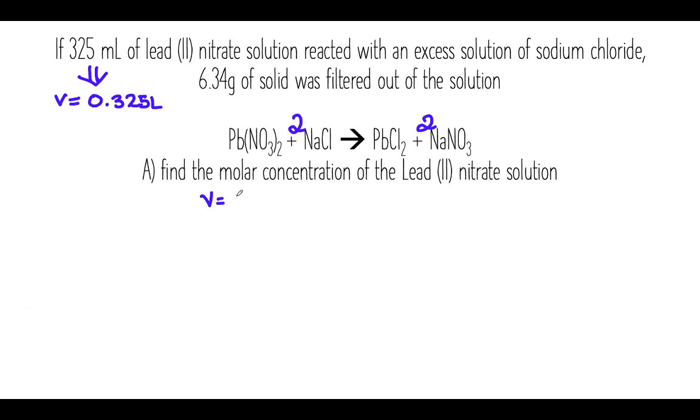And the volume of Pb(NO3)2 is 0.325 liters. And then they're telling you that there's 6.34 grams of the solid that was filtered out of solution. So that's part of my solutions. One of these compounds is the solid. How do I figure out which of these compounds is the solid?